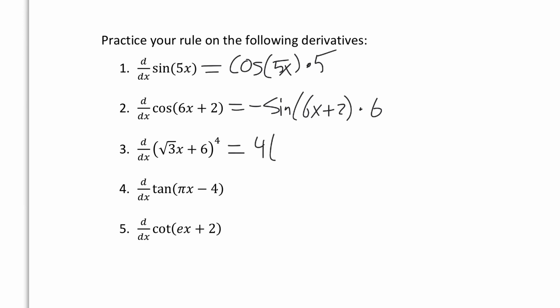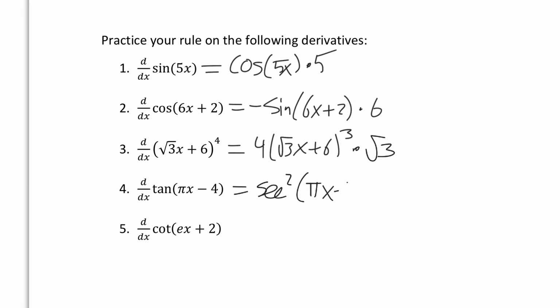Here we have 4 root 3x plus 6 to the power of 3. Again, you want to think about this like a gigantic x to the power of 4. And then we have to multiply by, well, the derivative of the inside portion is just actually a root 3. Kind of weird there. Here we're going to get secant squared of pi x minus 4.